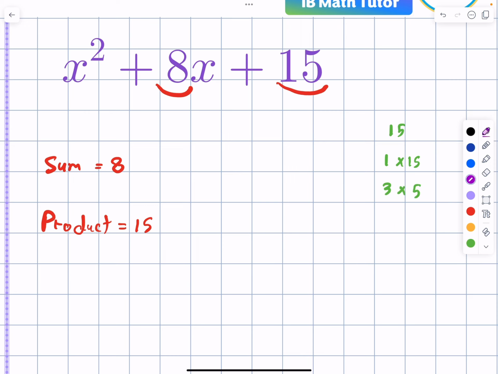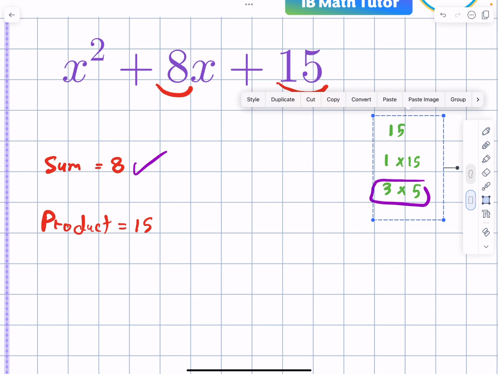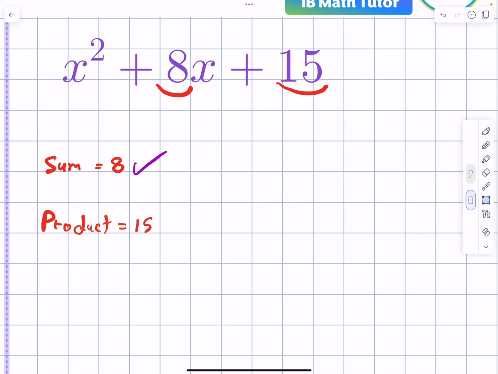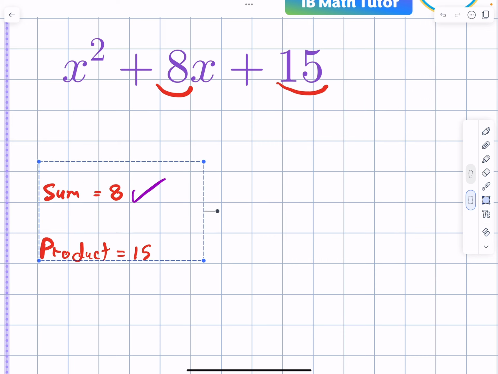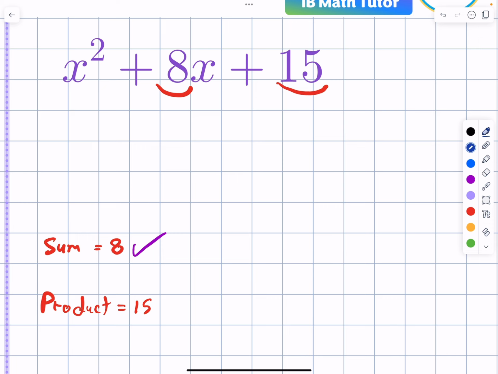As we see, this pair adds up to 8. So the numbers will be 3 and 5. Then this expression can be factorized into x plus 3 multiplied by x plus 5. And if we expand these again and simplify, we would get this quadratic expression.